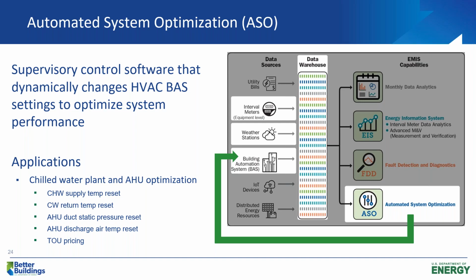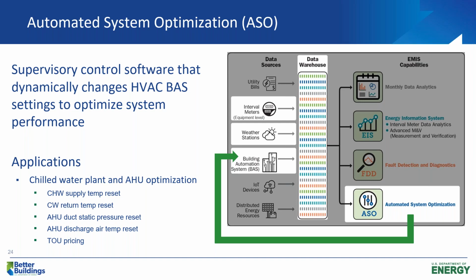With ASO, it's actually a supervisory control software that's an overlay to your BAS, designed to use predictive modeling to optimize system performance. Right now, the technology is generally focused on chilled water plant and air handler optimization, but that is expanding, and there's research being done by the lab in different ways to auto-correct controls.